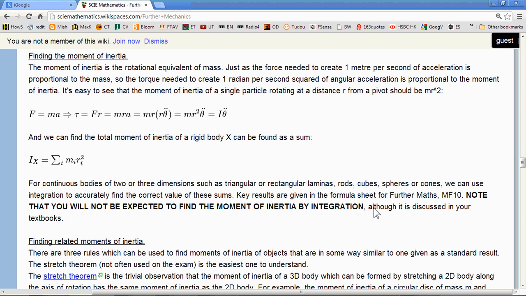You'd have to find out for yourself. And certainly in the past, if we go back 10, 15, 20 years, all the further maths syllabuses used to expect that you would know how to do that. And that's why you're going to find the method of moment of inertia by integration described in many, if not all, further mechanics textbooks.